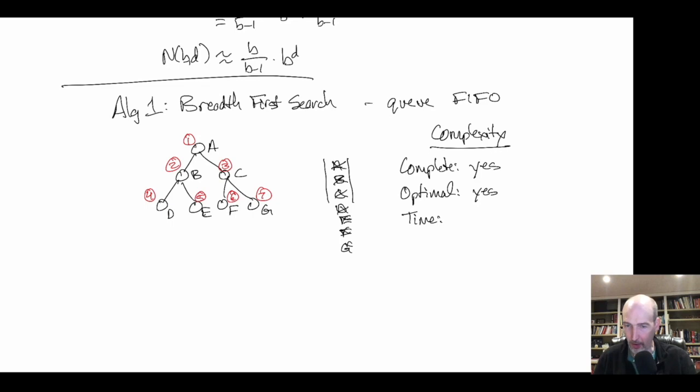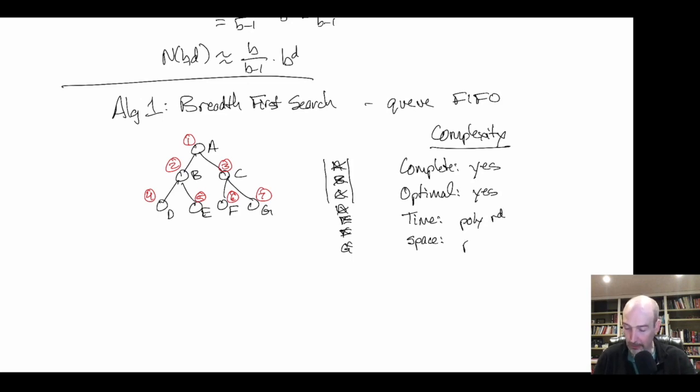and also the space complexity. Except that these are both going to be the same. And it's going to depend on whether we're in a polynomial state space or an exponential state space. So in a polynomial state space, what we're going to see is r to the d, because that's the number of states we'd have at depth d.